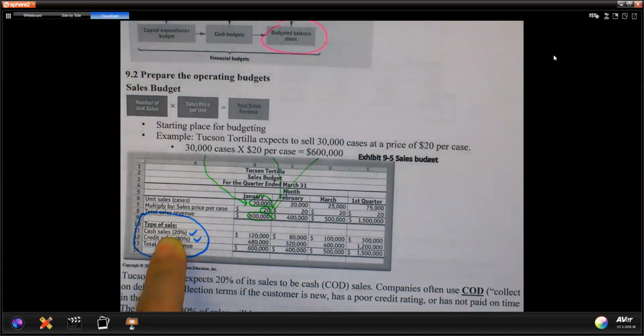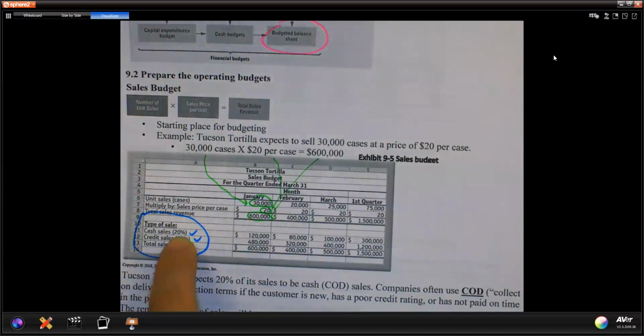Why do we require the customers to give us cash first? We do this especially when we have some customers who have a bad credit history, or you worry they may not be able to pay us later. So it's safer to get cash when you deliver your products.